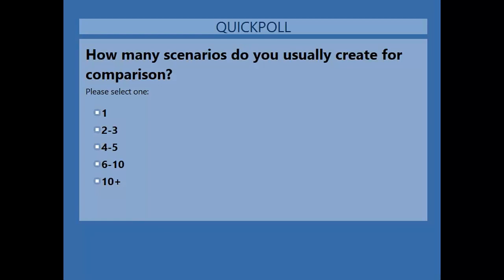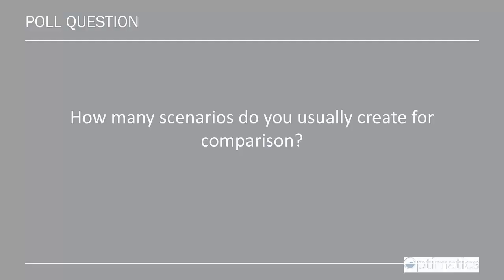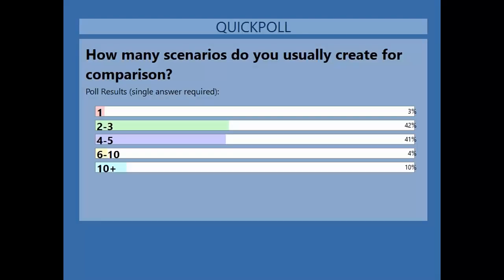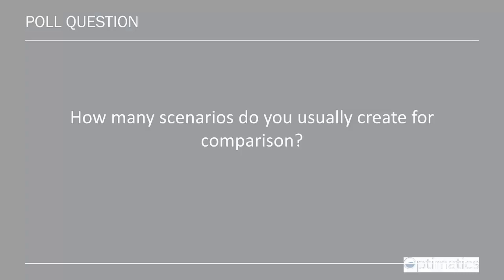We'll give a few more minutes and then we might be able to show the results of that poll just to show the spread there. So I think we end up with about 40% looking at 2 or 3, 40% looking at 4 or 5, and a few looking at more than 10. So pretty good spread, but most people looking more than 1, less than 5.